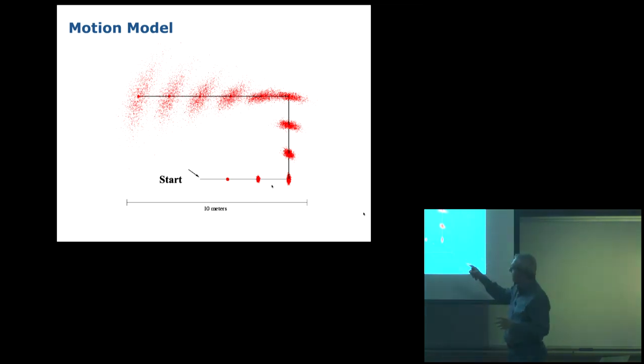This is basically the repeated operation of P of X prime given X and U. And here we sample that set from this set. Right? Basically what we're asking is, where would this particle end up given the operation by the robot? And this is basically that black line over here. I do not know what the units were. It says 10 meters here, maybe something like 2 meters or something like that.